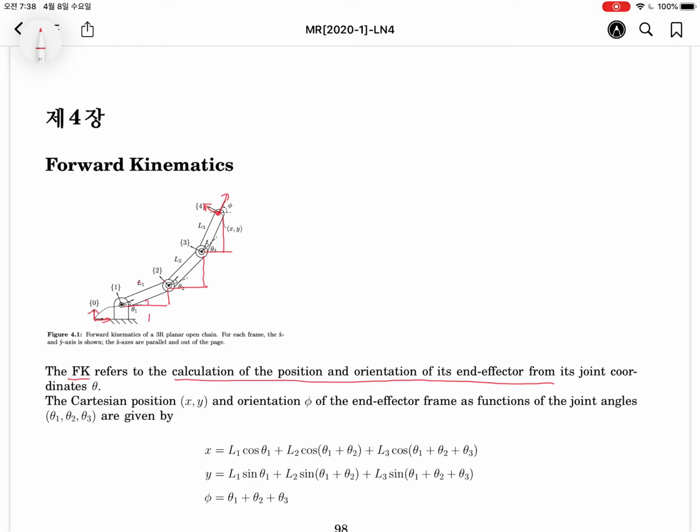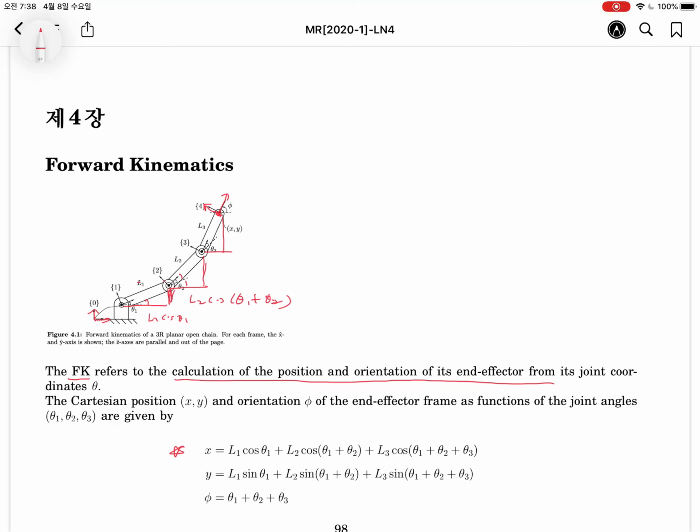This is L1 cosine theta 1. This is L2 cosine of theta 1 plus theta 2, because this is theta 1, this is theta 2. Like this, we can write down the x position of the end effector.